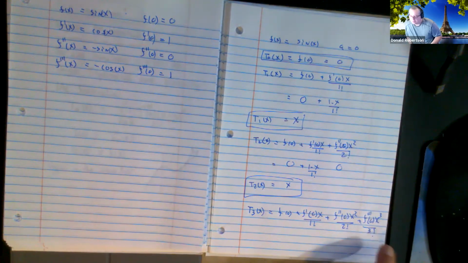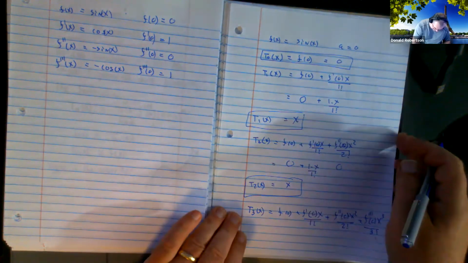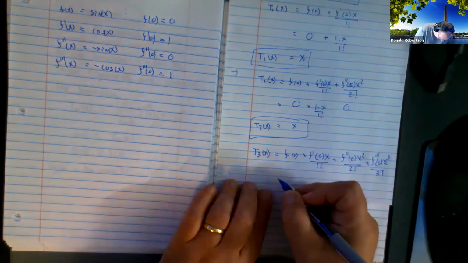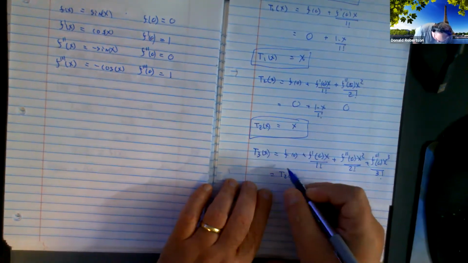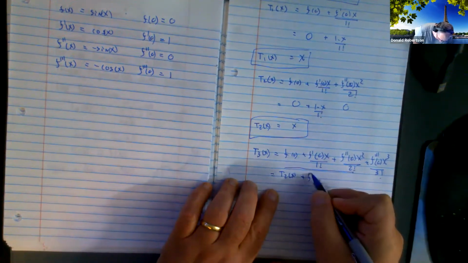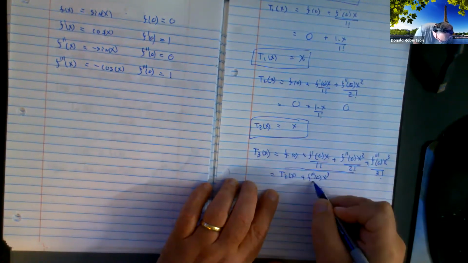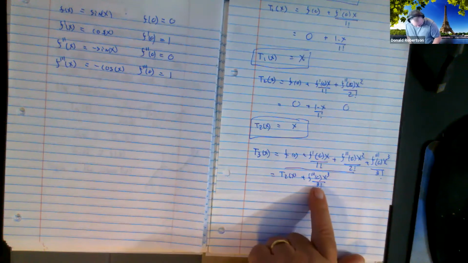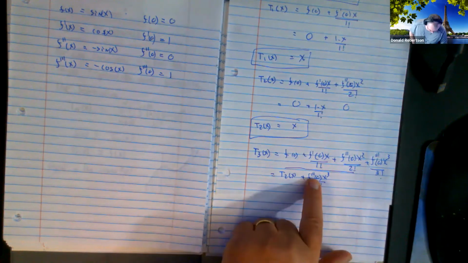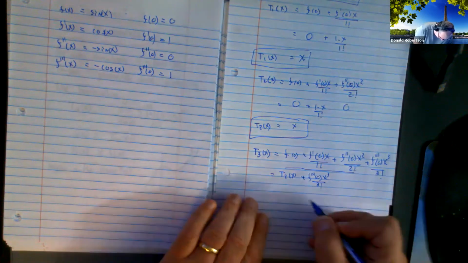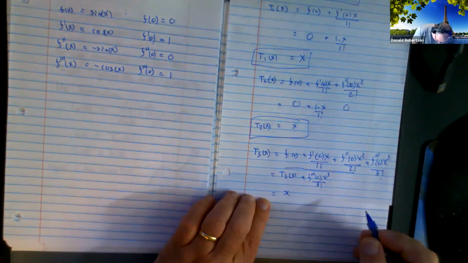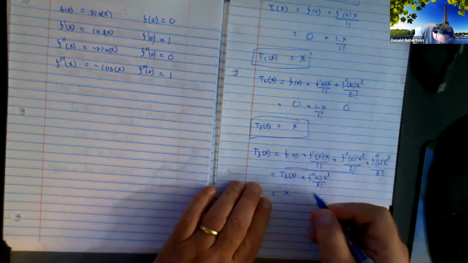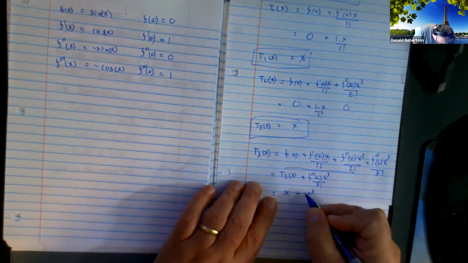So if you're thinking about cutting down on your workload, isn't t3 of x the same thing as t2 of x, which is what all of that is, plus this fella? Does that make sense to you, that you can just reduce your workload a little bit? Because t3 of x is all the guys that made up t2 plus one more term, and the one more term is this last one. And this guy is 1, this is x cubed, and this is 3 factorial. So what do you get? You get x, and I have a minus 1 here, and negative x cubed over 6.